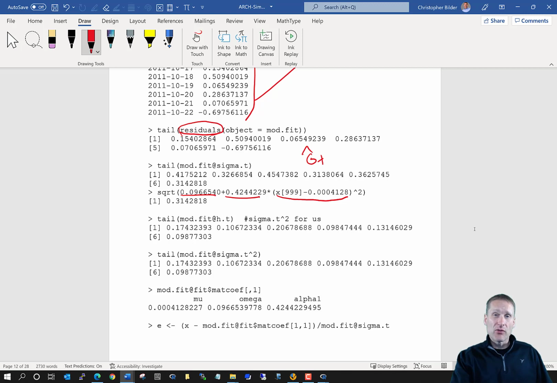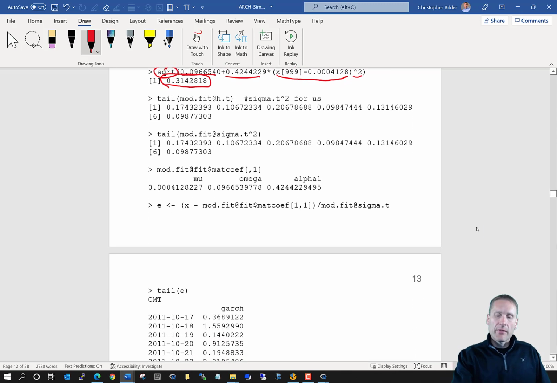Remember, I have 1,000 observations. Y sub t minus 1 is x sub t minus 1 minus mu hat. Then we square it. If I just want sigma hat t itself, then I take the square root. And if we notice here, that last value is 0.314, which is what we can extract out of that object.